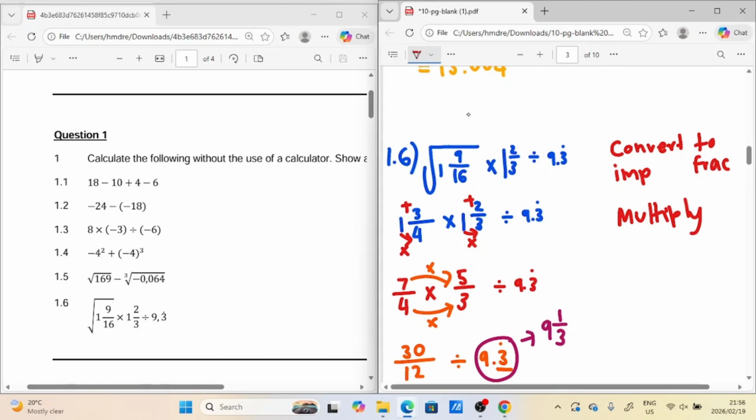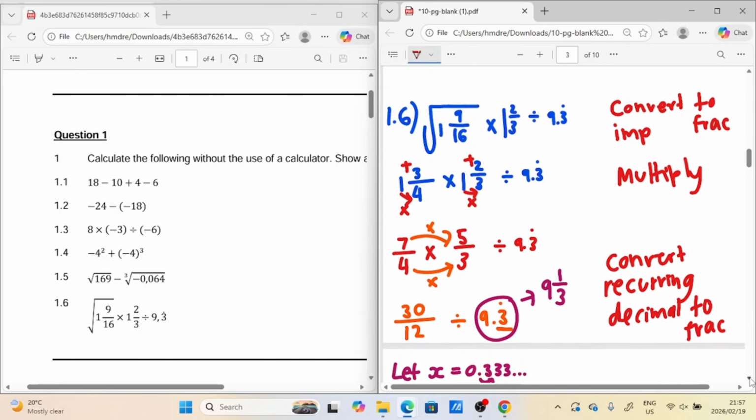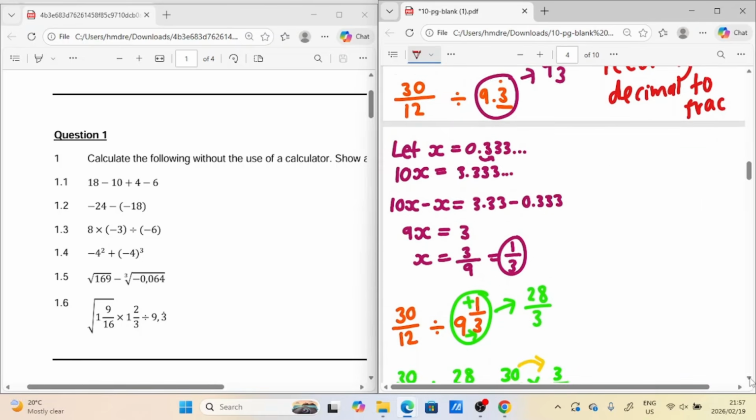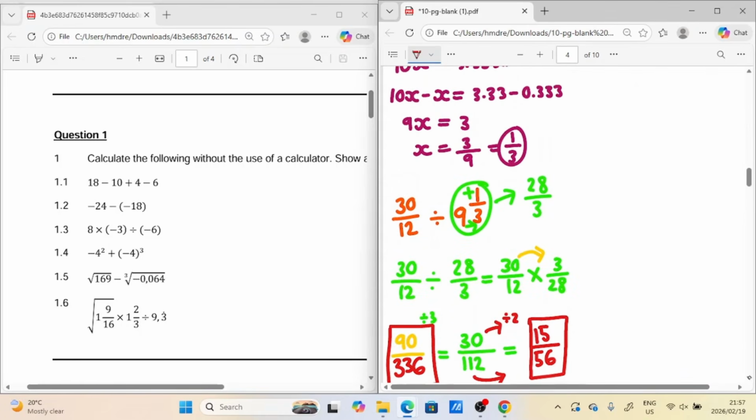Then we had to convert the recurring decimal to a fraction. And then, once we had it as a fraction, we again converted it to an improper fraction.